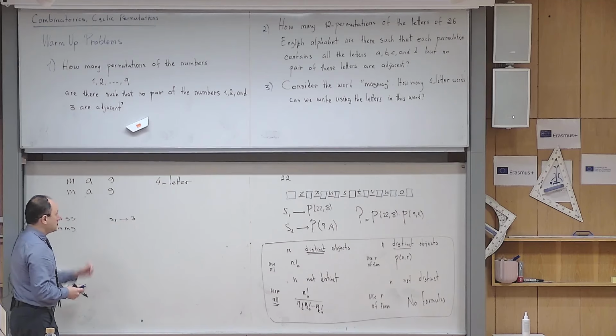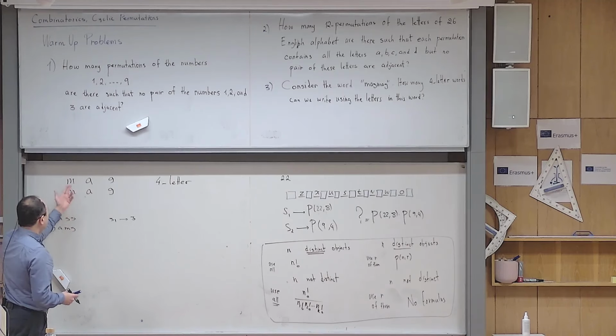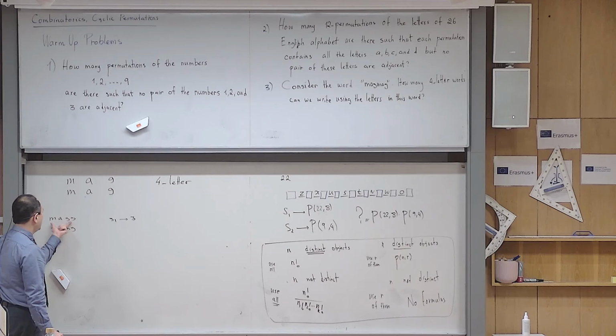Now let us say stage 1 is done. It means that I made up my mind about the letter to be repeated, and let us assume that it is G. So G is repeated. It means A and M are not repeated.